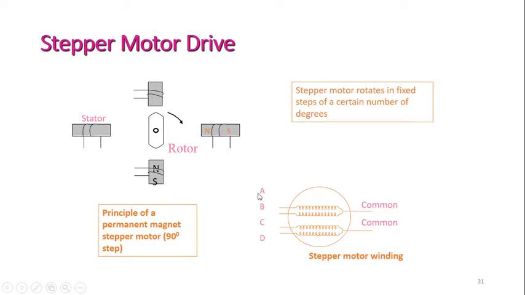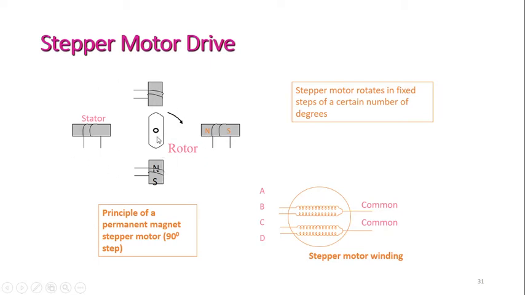So how many ends are there in total? Four ends are there from the other side of the coils, and each end has a coil. A and B together are called one stator, and C and D together are another stator. So we have two stators with four coils.